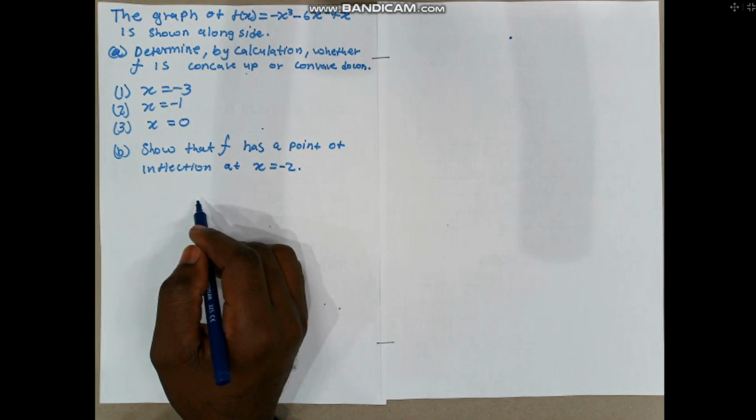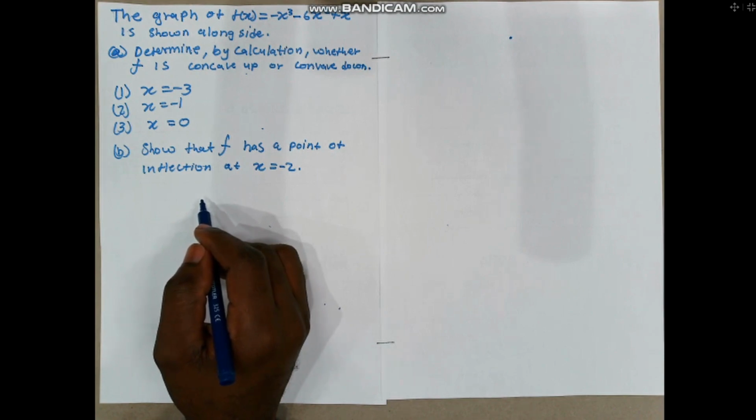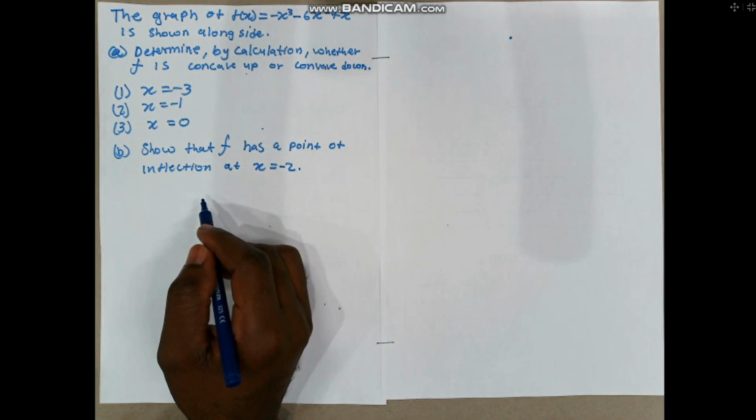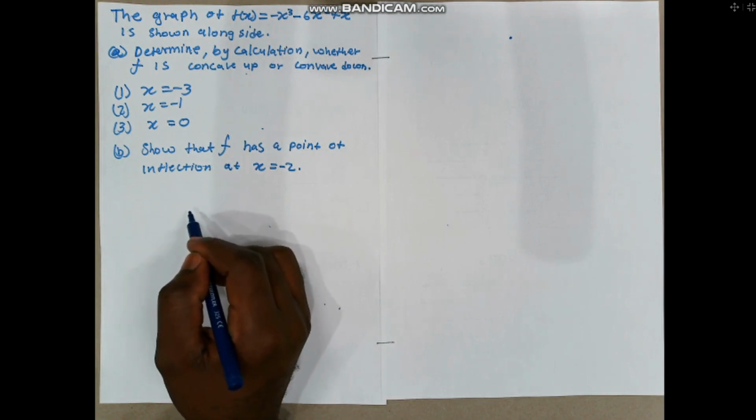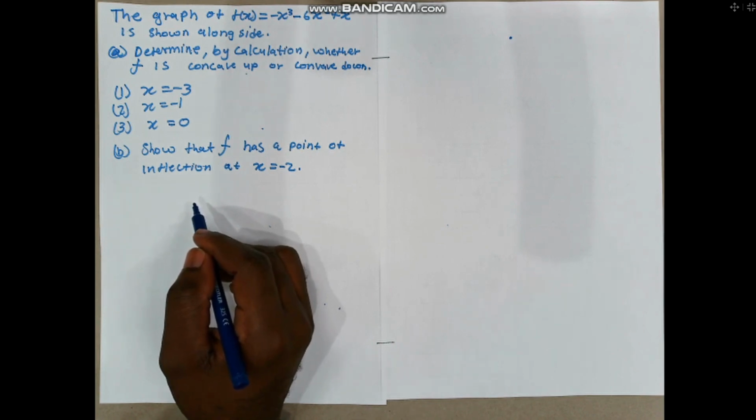Guys, now we are going to do the practical example of the concavity, where we are explaining those graphs and everything. Now we're going to do the practical example on how we see the concavity and how we calculate it.